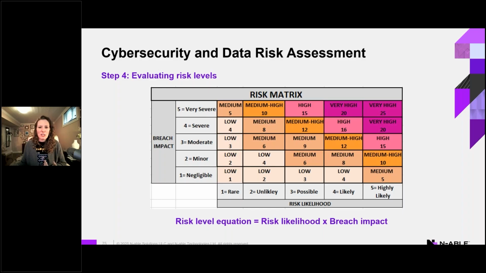So here's another screenshot of a sample risk matrix that you can refer to. This is part of the assessment workbook as well, where the risk level is the breach impact multiplied by the risk likelihood.